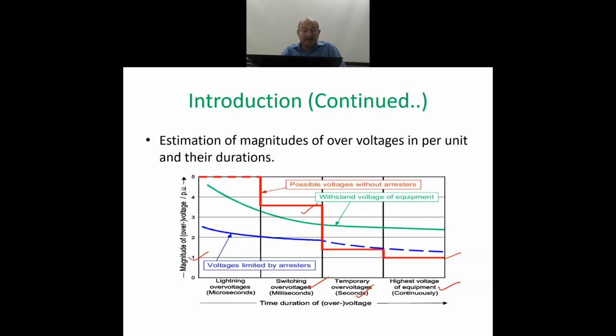And lightning overvoltage could be anything depending upon the magnitude of the current injected by the lightning strike. So that could be higher than switching overvoltages. As you can see here, it is going even to the position of 5 per unit.